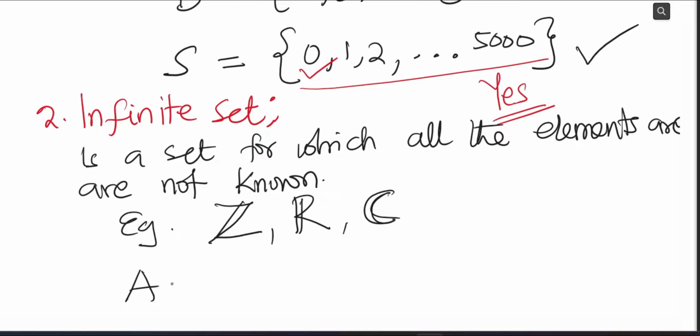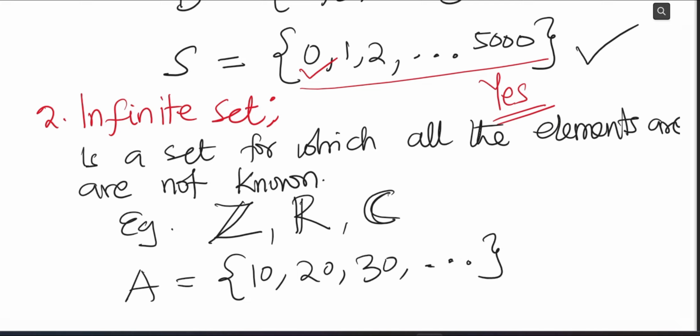And a set like A equal to 10, 20, 30, ellipses. We don't know what these elements are, and so the set A is infinite. Good.